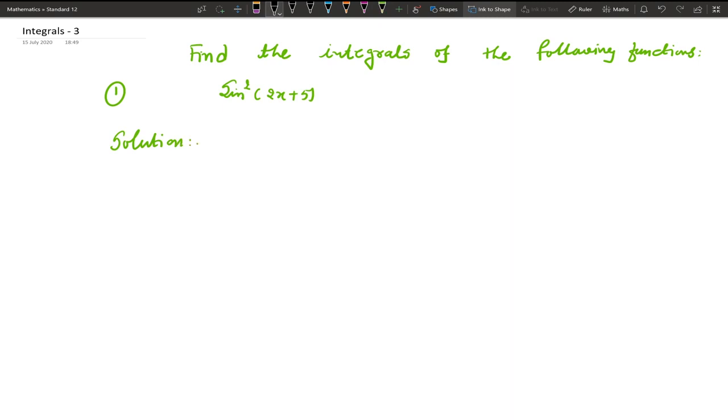So we denote the integral by I. Let I equal the integration of sine square (2x plus 5) dx. We have discussed the basic principle of how to integrate this. First you have to remove the power.